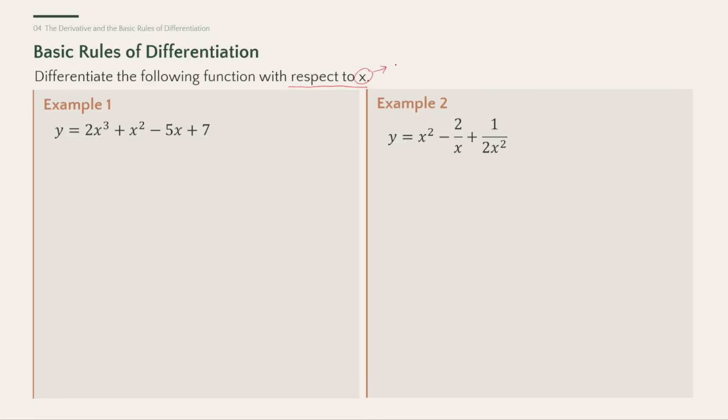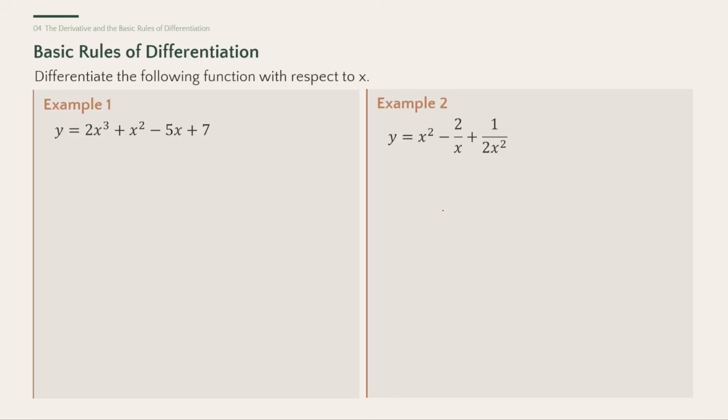Sometimes they ask with respect to y. But don't worry, I will not give you that kind of example here. But for electrical engineering students, sometimes in our licensure examination, there are tricky questions like that wherein the independent variable becomes y, and in that case, you need to apply implicit differentiation. But don't worry, I will not give those kinds of problems.